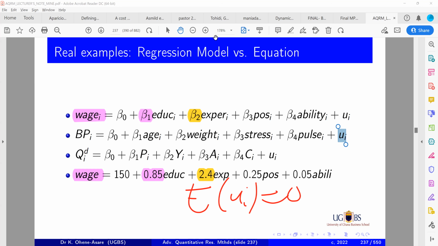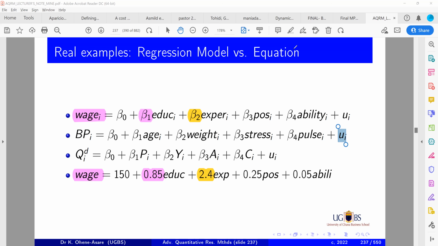That is what we mean by the error term will be 0. It will have a 0 mean so that its impact is not felt, so that the true impact is felt from the other variables. All right.